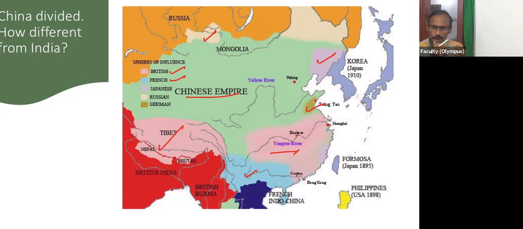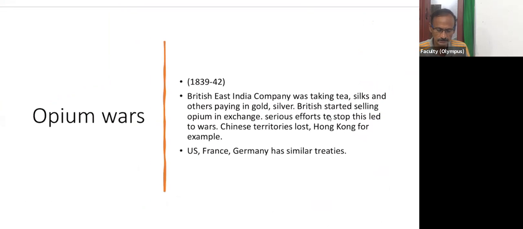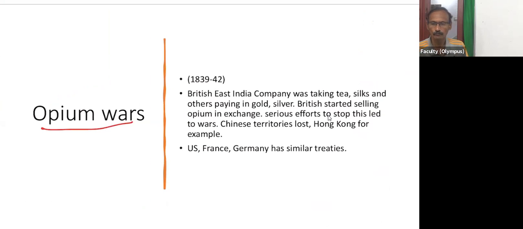But then why do you say that is China? China consists of a civilization. There is some civilizational continuity. And how did these countries come to have control? One example of this is what is called the Opium Wars. The Opium Wars took place between 1839 and 42, between British India and China.